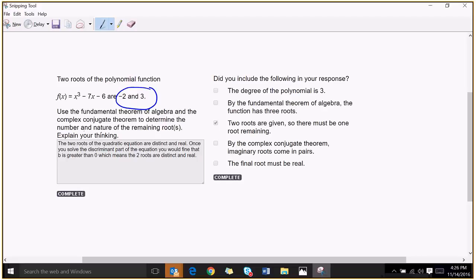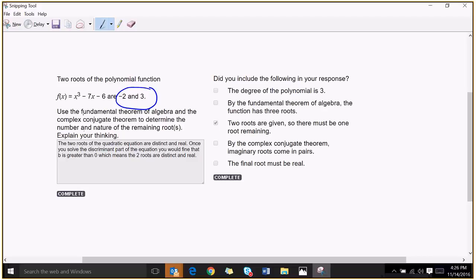Explain your answer. Now you put the 2 roots of the quadratic are distinct and real. Once you solve the discriminant part of the equation, you will find that b is greater than 0, which means 2 roots are distinct. Now here you're not using the discriminant.